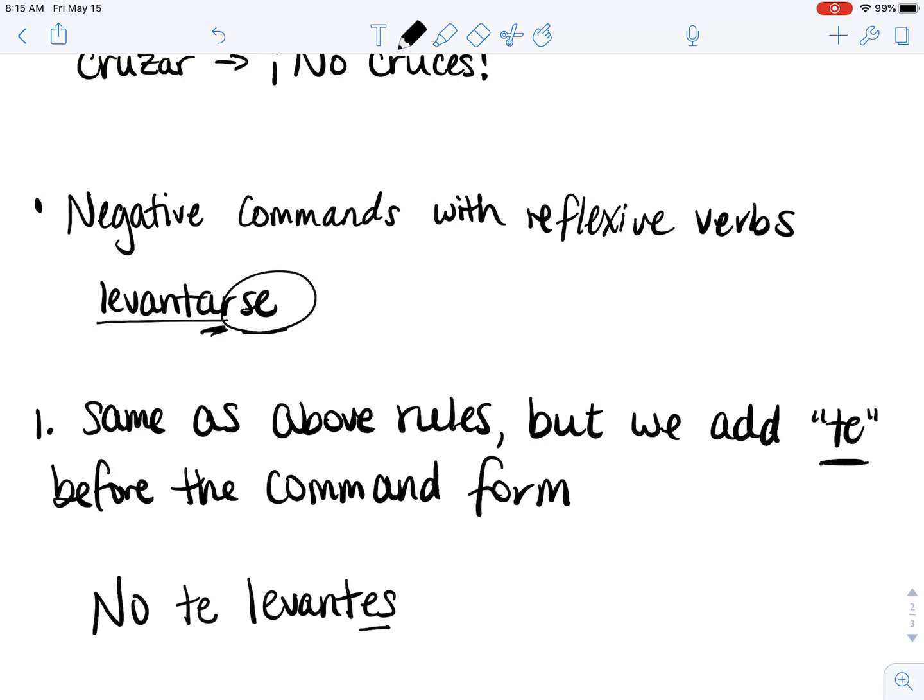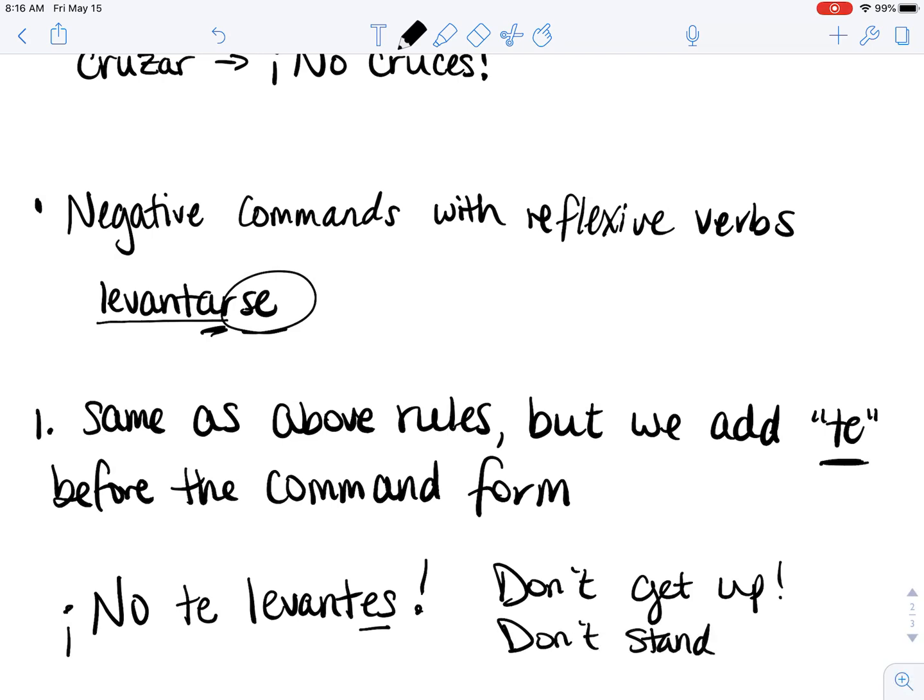To add it in here before. No te levantes is going to be your command for this. No te levantes. Don't get up or don't stand up.